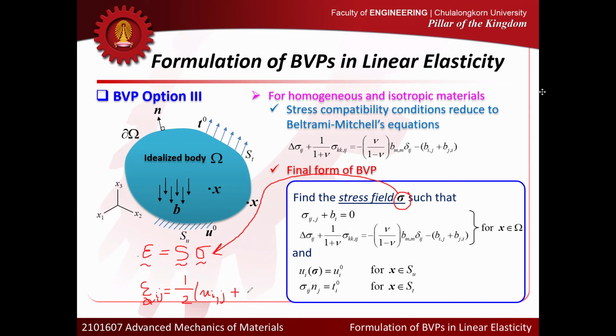So whenever you confirm that the stress you solve from these two sets of equations satisfies that equation, because you solved it from there, that condition is satisfied. What does it mean?